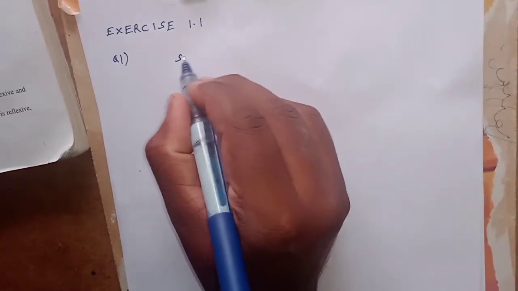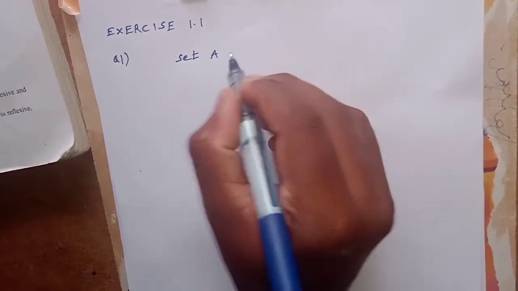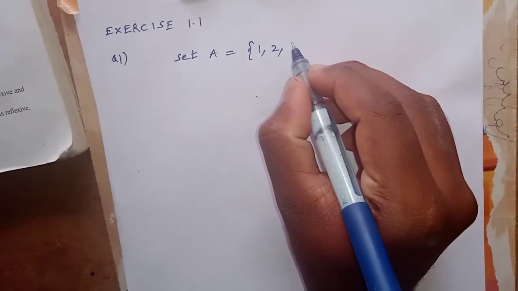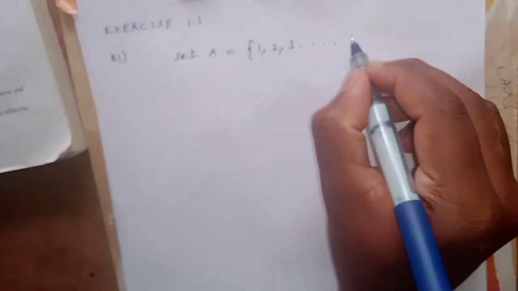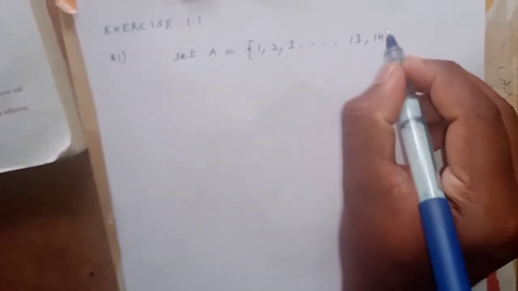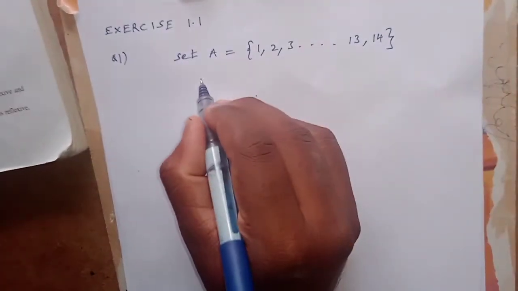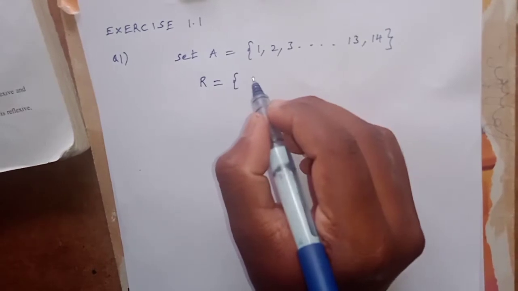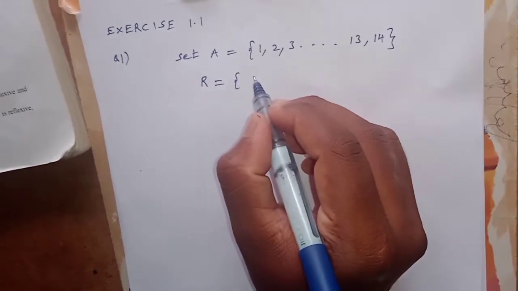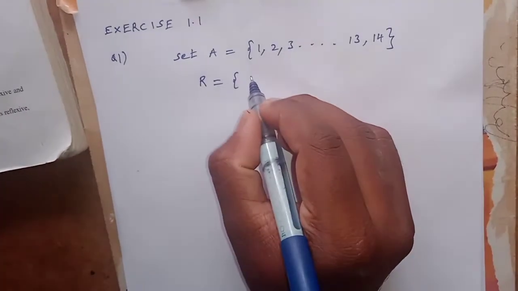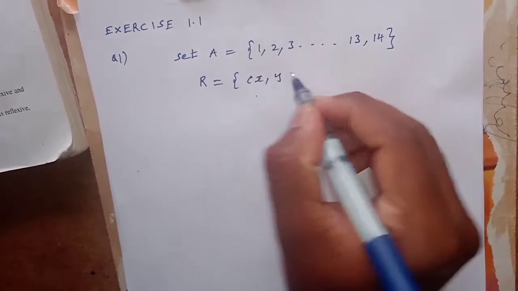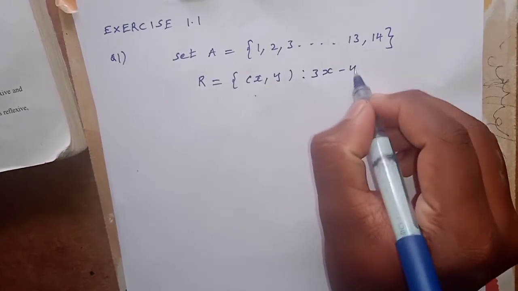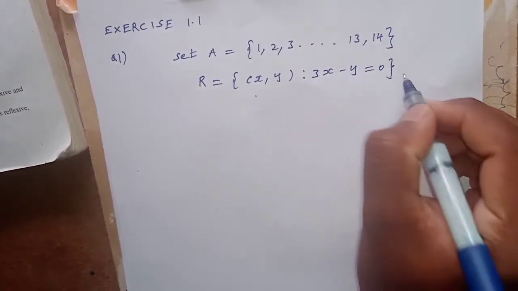Set A equal to 1, 2, 3 up to 13, 14. Relation R equal to the set of x, y such that 3x minus y equal to 0.